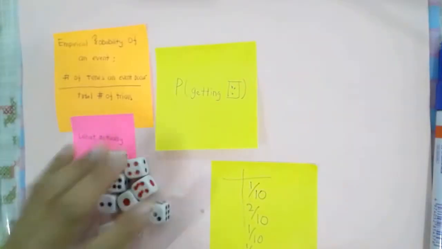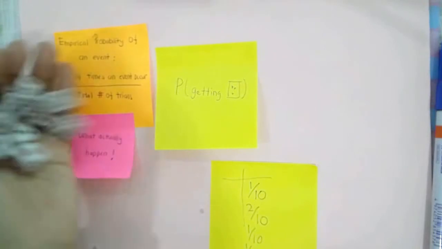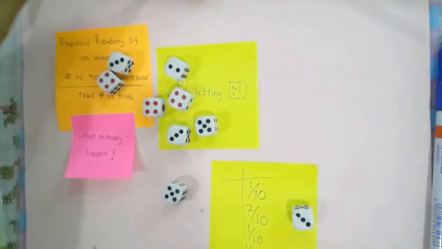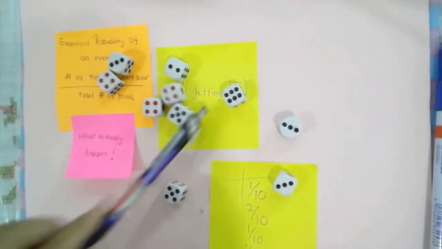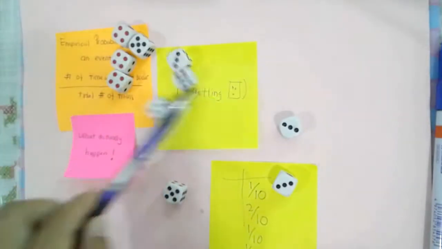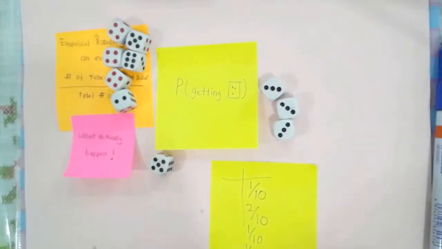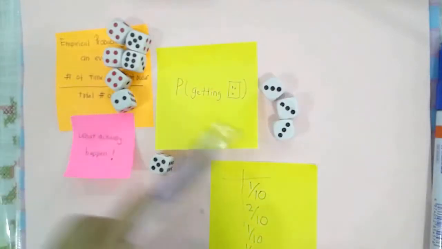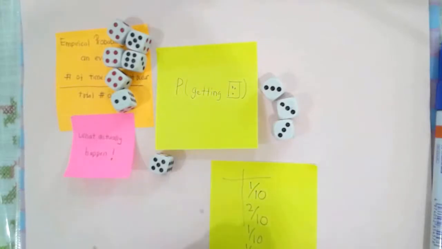And I just perform the last experiment. How many 3s? 1, 2, 3. So we have 3 out of 10 trials getting our event of interest. So 3 over 10.